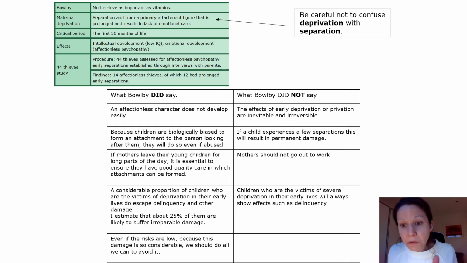There's a number of other little traps that students often fall into. So Bowlby did say, when he was investigating the 44 juvenile thieves, that an affectionless character doesn't develop easily. This is years of the consequence of maternal deprivation plus possibly other forms of abuse. And he did recognise that this was very complex.